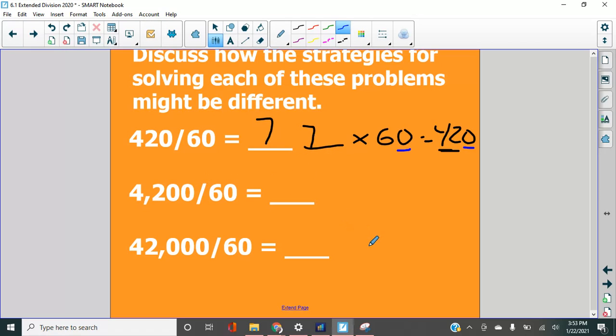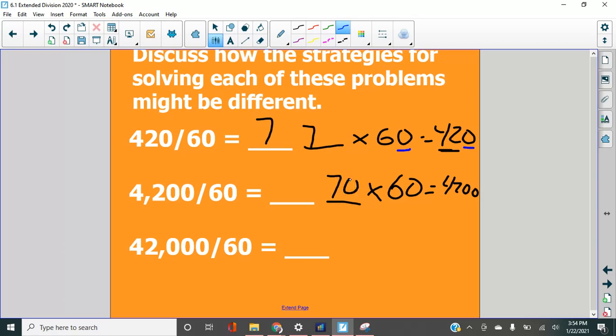All right, let's rewrite this one. Something times 60 equals 4,200. All right, I want you to see if you can figure out what would go there to make this true. Okay, it is 70.